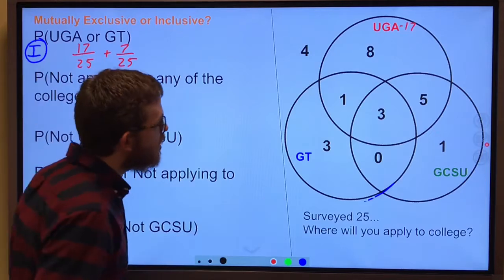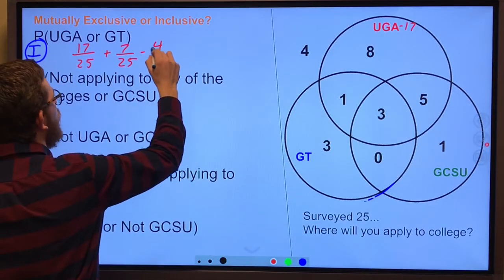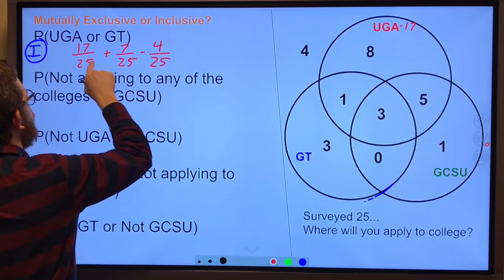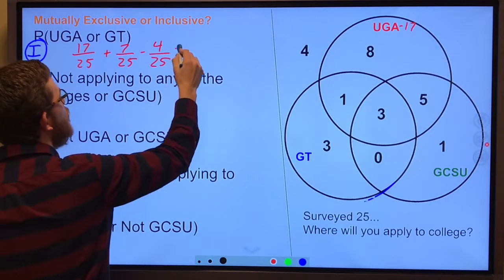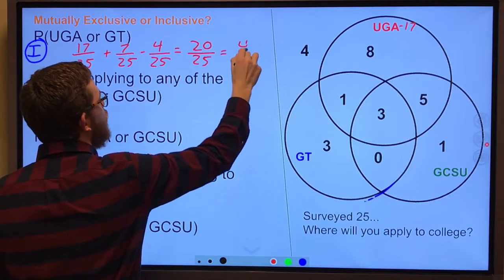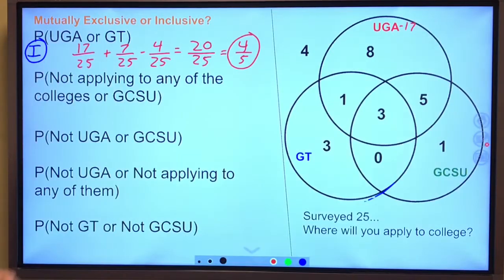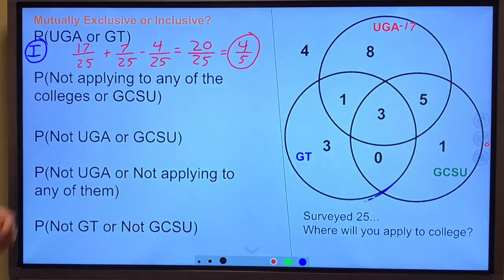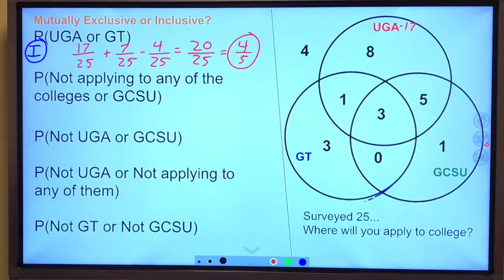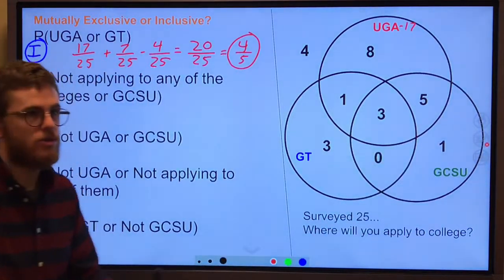And we subtract away the overlap. The overlap is 4. So 7 plus 17 minus 4 is 20 out of 25. That's 4/5. If you just randomly talk to one of these 25 people, there's a 4 out of 5 chance that they applied to UGA or Georgia Tech. Most of these people applied to either Georgia Tech or UGA.